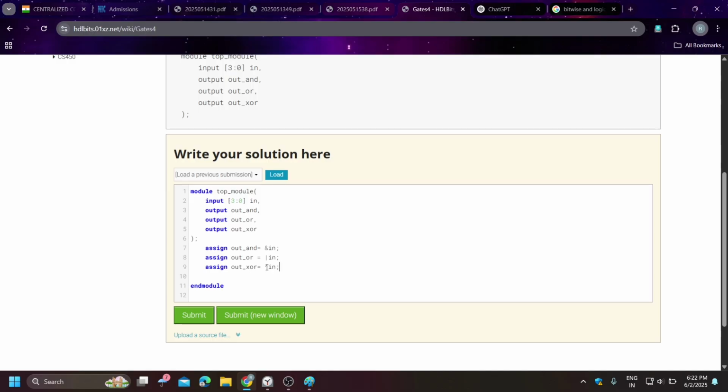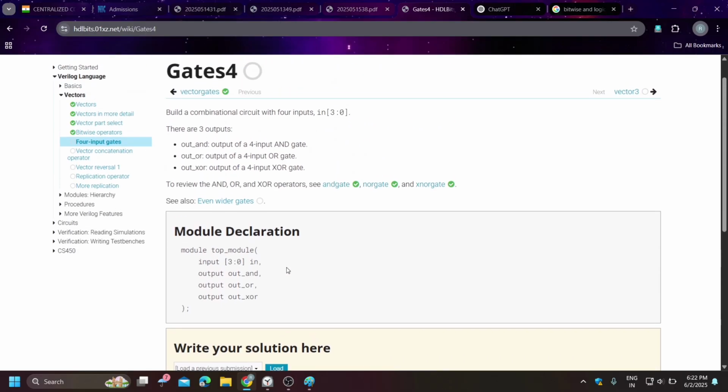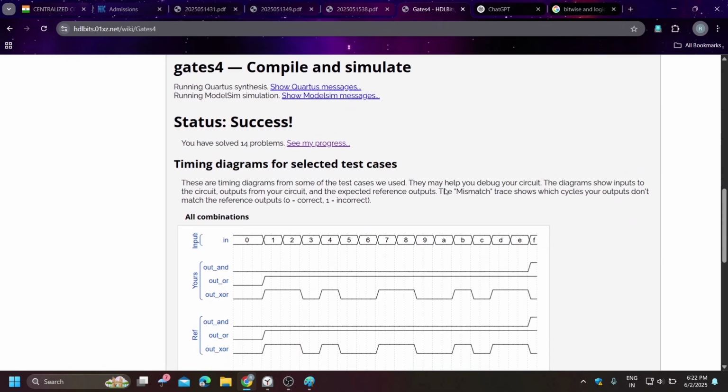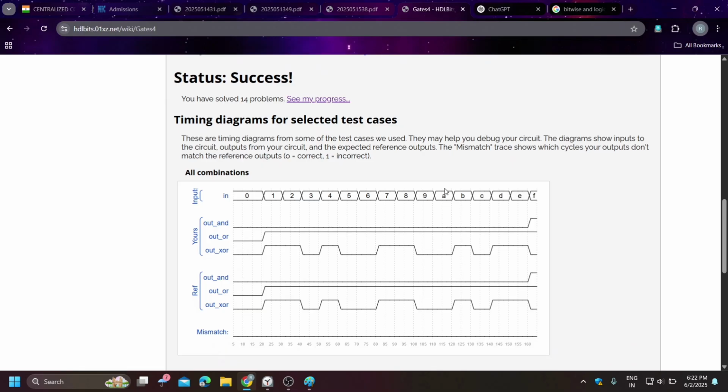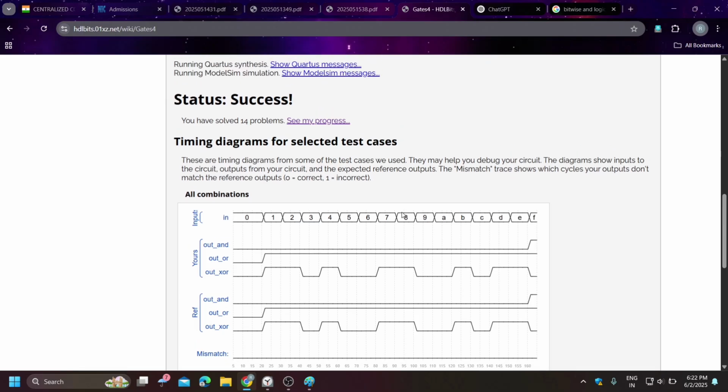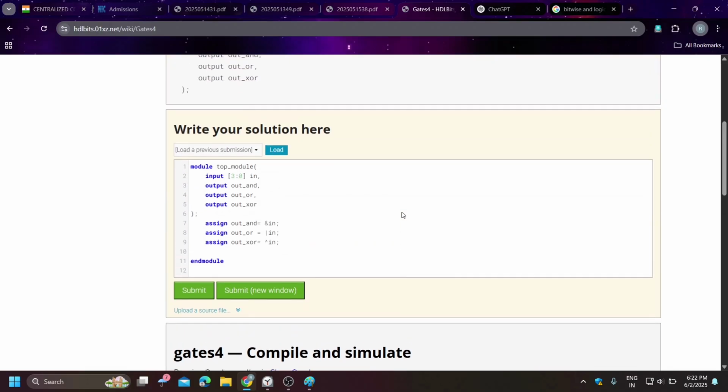So this is the symbol for this XOR. Let's submit and check. Okay, done. There is no mismatch between our output and the reference. There is no mismatch. So our code has run successfully.